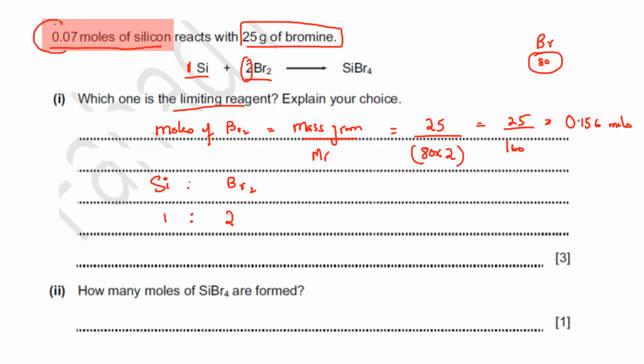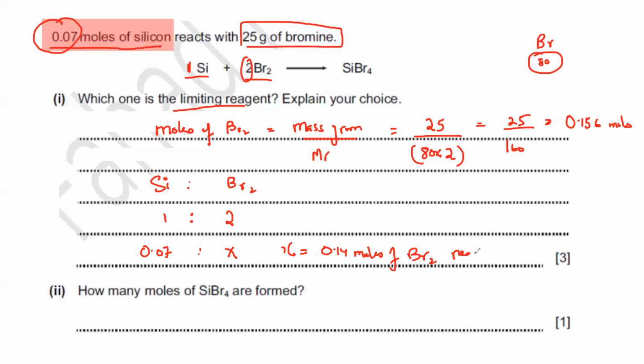So if we have 0.07 silicon, how many bromine should react? We cross multiply: 0.07 multiplied by 2, over 1, gives 0.14. So we need 0.14 moles of bromine for the reaction.